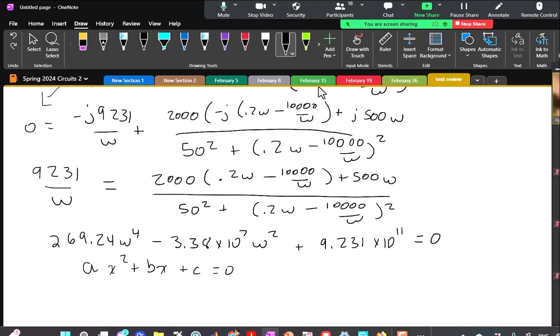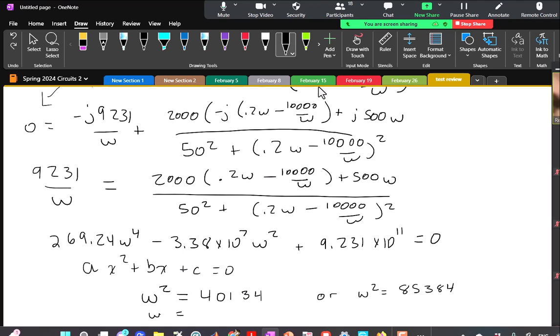So using the quadratic formula, I get omega squared, because when I use the quadratic formula I get omega squared, equals 401, that's either a 3 or a 5, 4, or omega squared equals 85384.